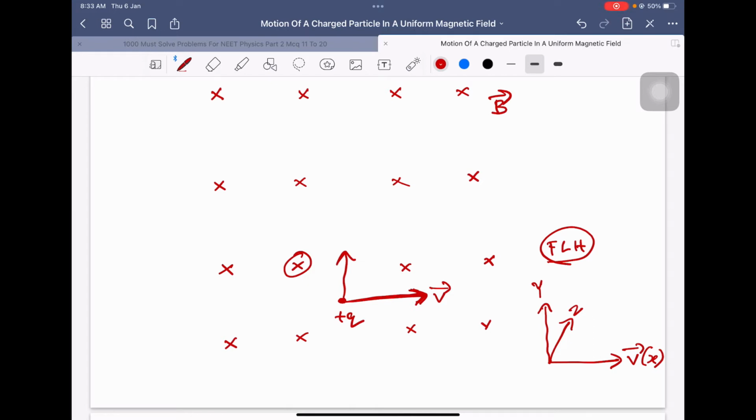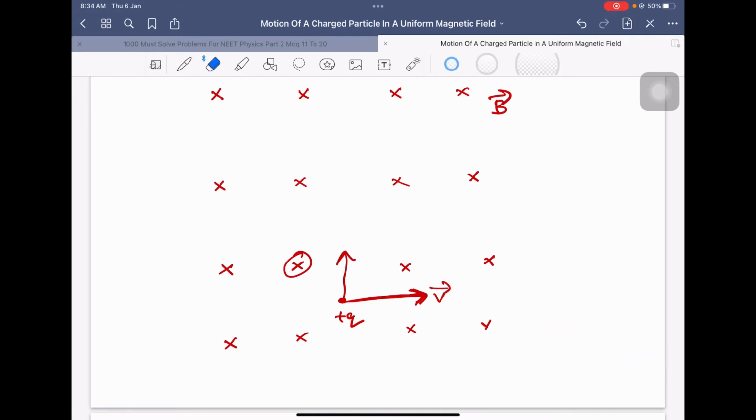You have to see the forefinger pointed in this direction, and the central finger gives the direction of velocity of the charged particle. Then the thumb will point upwards, giving the direction of force. Dear students, you have to do this on your own.